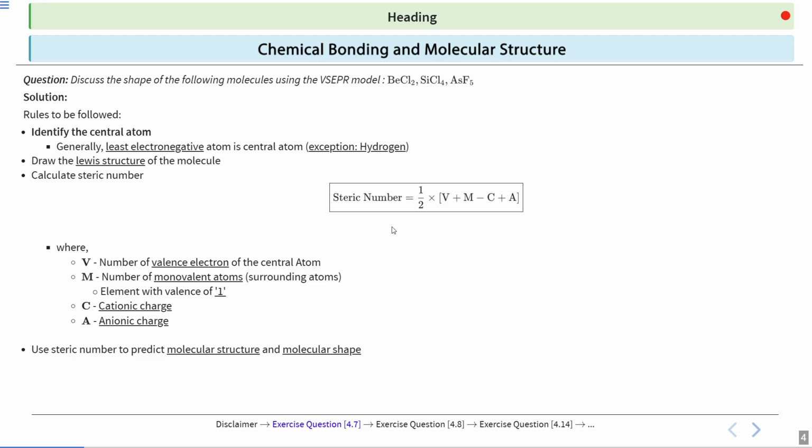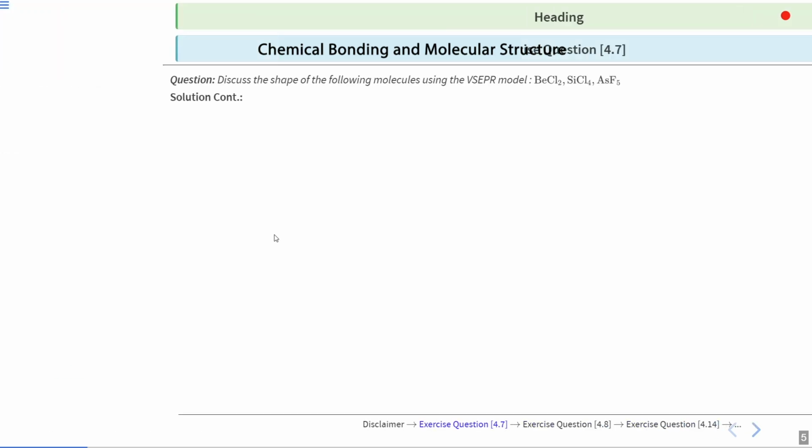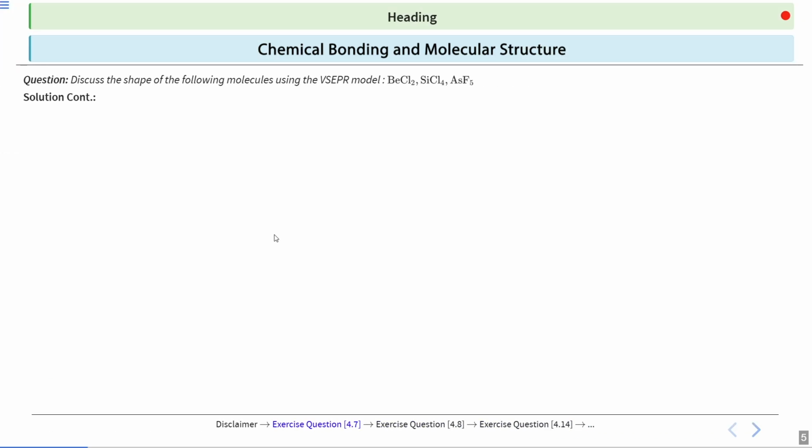Now let us see the different molecules one by one that are given in the question. The first one given is BeCl2. In this molecule beryllium is the least electronegative one, and therefore it will play the role of central atom.